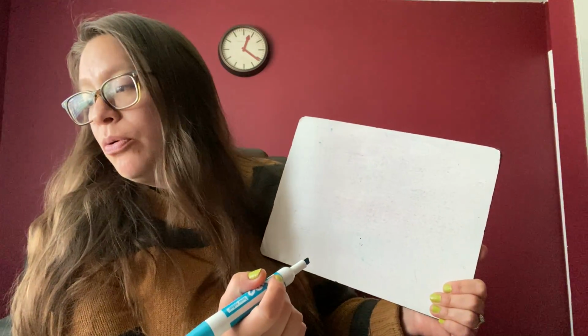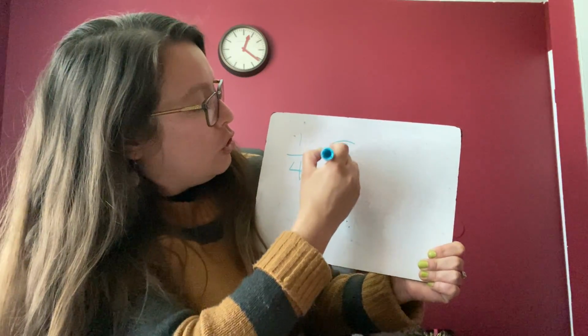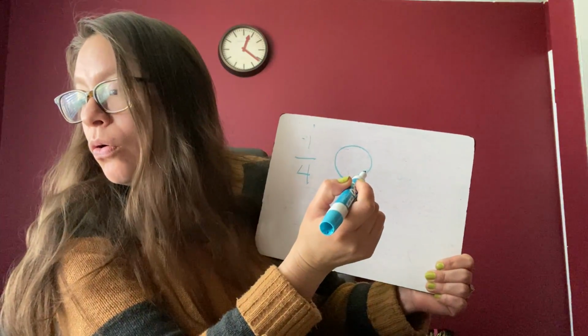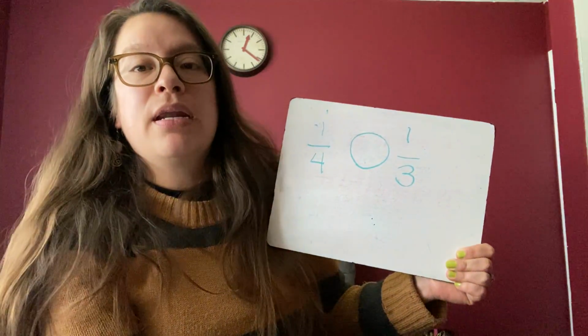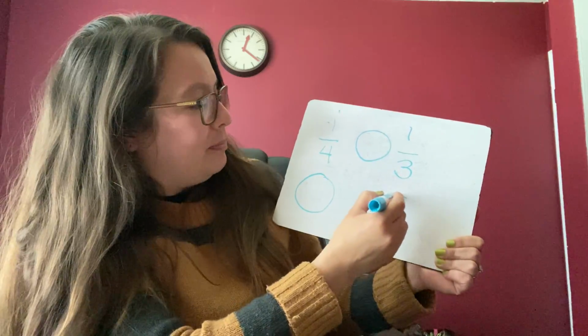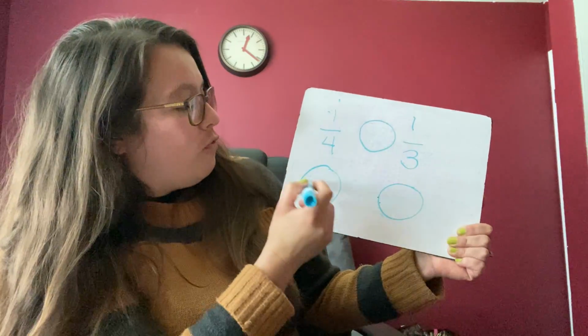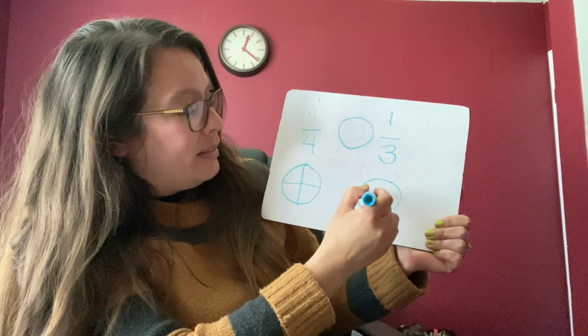For the first example, compare 1/4 to 1/3. With this one, I can draw circles. 1/4, so that means I have to have 4 total pieces. 3 pieces, right?